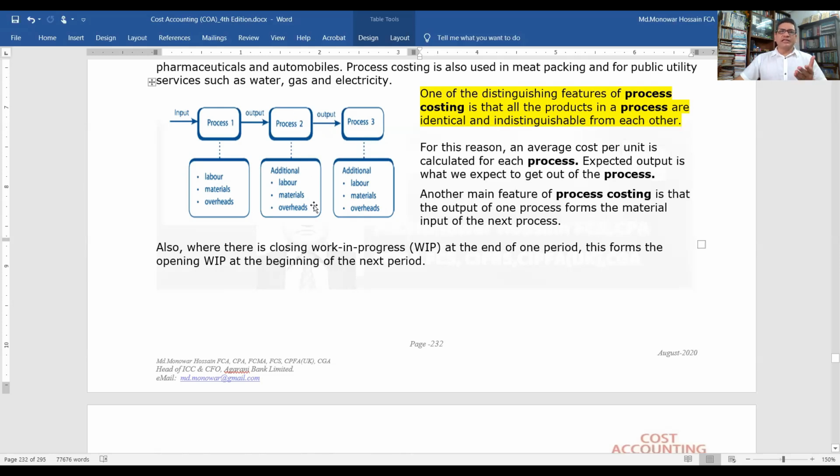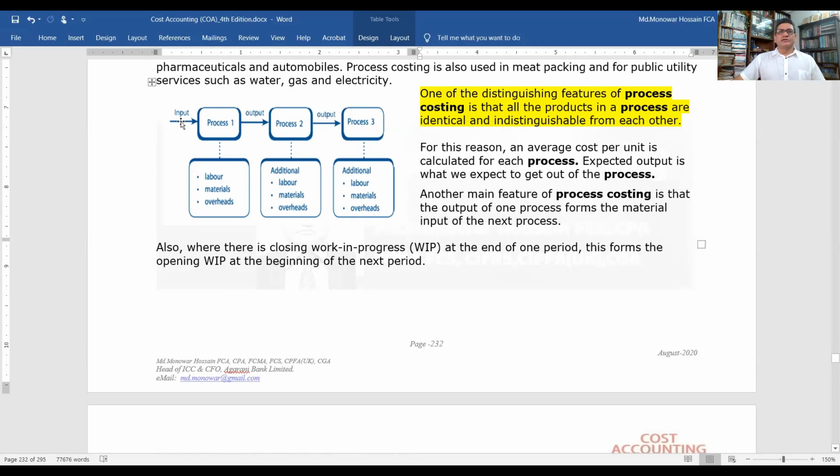With additional labor, material, and overhead in process 2, the output of process 2 is transferred to process 3 as material, and with additional labor, material, and overhead in process 3, the finished product can be produced. So this is the process.